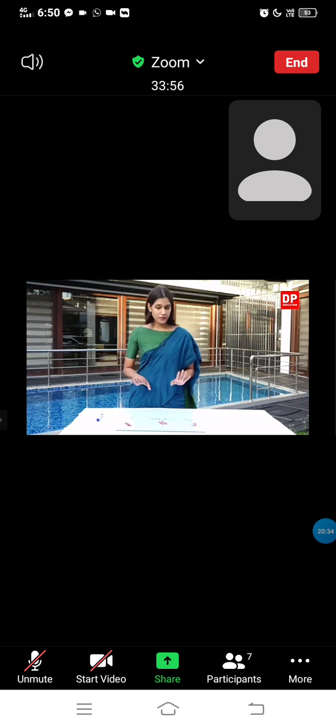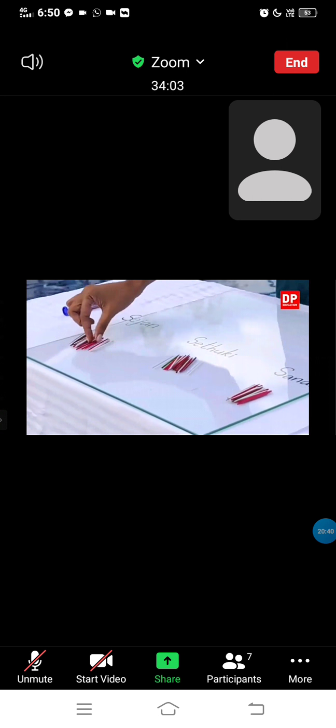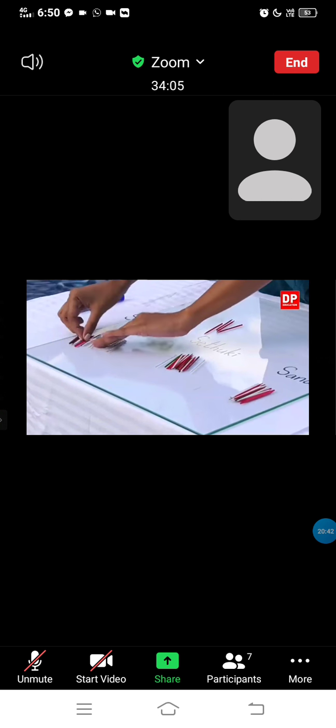Now we have to count them separately. First of all, I'm going to count only the red color toothpicks. I will take them here.